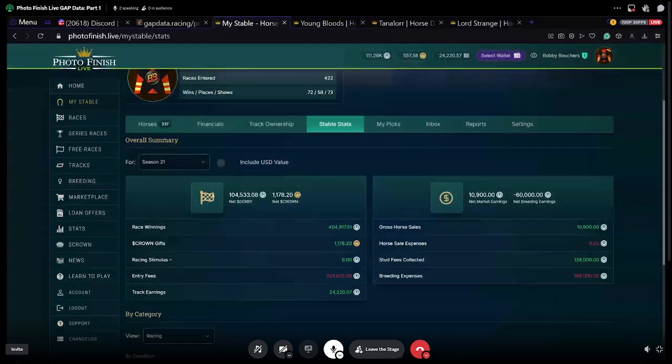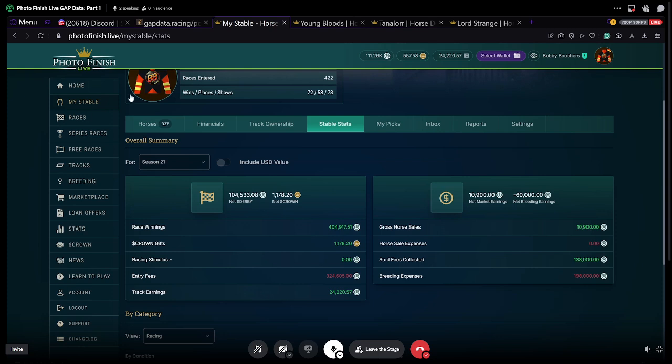You see, I'm positive 100, but next season I'm going to be positive 200 because I'm going to race really selectively next season, breed less and race more selectively. I'm going to get this up to like 200. That's my goal.